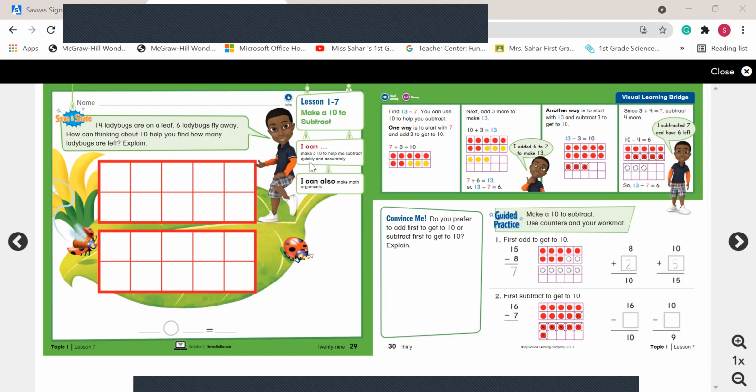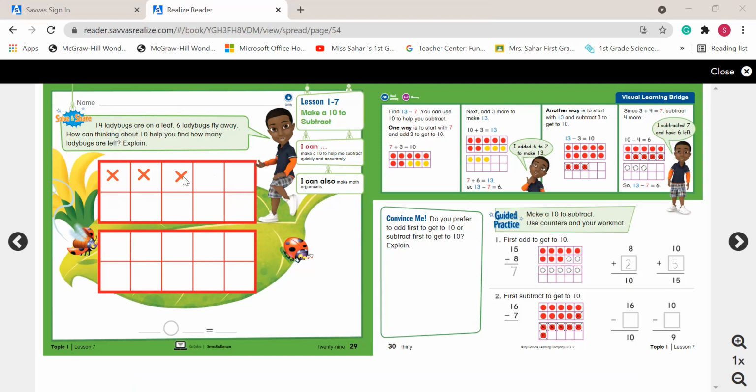The second way is to start with your bigger addend. So what we're gonna do, it's 14. I'm gonna make it only 10, right? So first, let me put the 14. This is my first 10 frame, so this is 10, and then I'm gonna put 4 more. This is my total, 14, right?